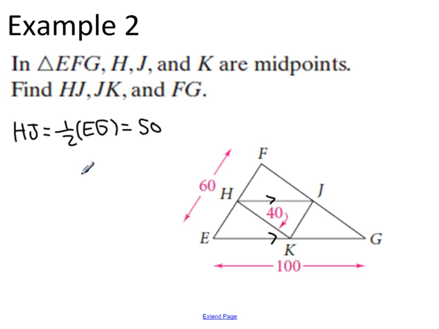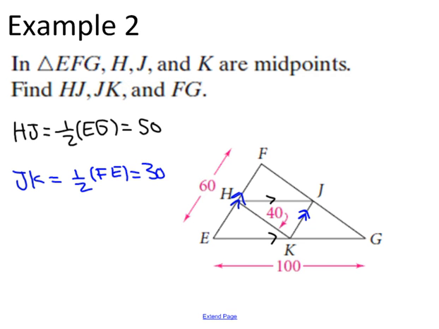Then it says find JK. Well, JK is parallel to FE. So JK will be half of FE, which will be 30.